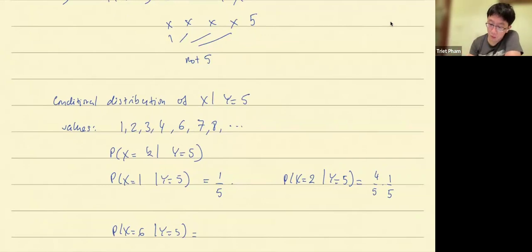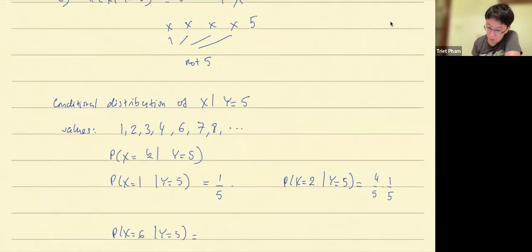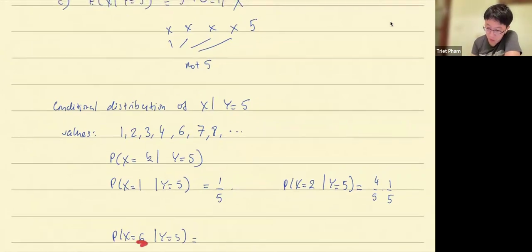Well, x equals 6 means the sixth toss is a 6.